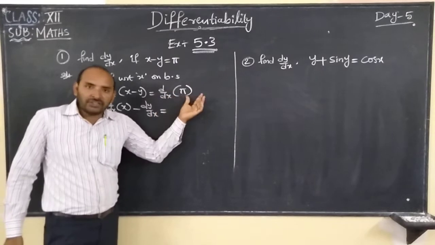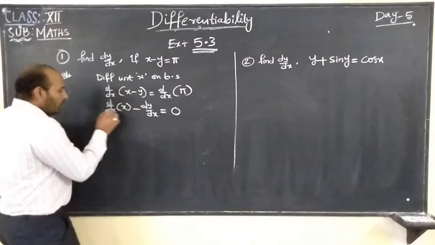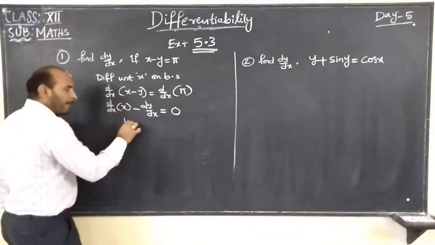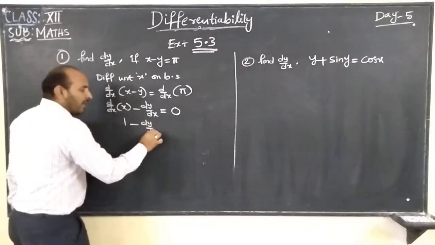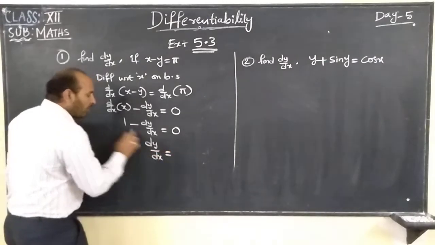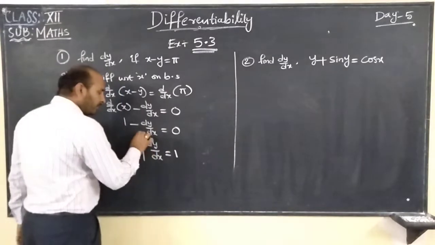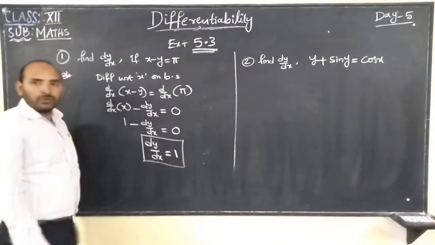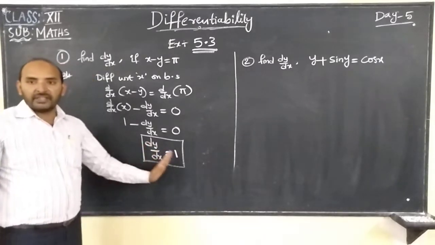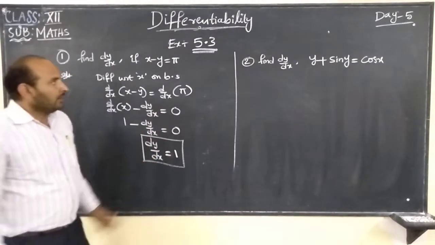So the derivative of a constant is nothing but 0. The derivative of x, d by dx of x, is always 1, minus dy by dx, which is equal to 0. Take dy by dx to the other side, and that gives 1, because the minus signs on both sides cancel. So dy by dx is equal to 1. Finding dy by dx, you get the result.